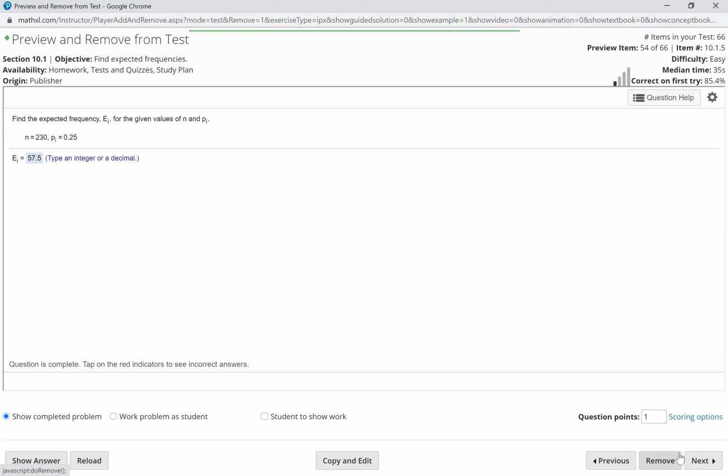If you know the proportion and you know n, to find the expected frequency or the expected value, just multiply n by p. So for this one, guys, 0.25 times 230, and you get the answer. But that doesn't really explain chapter 10. So let's move on and see what's next.